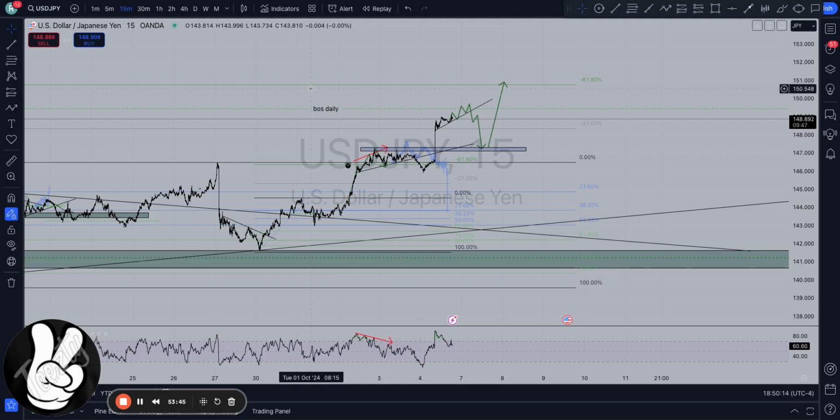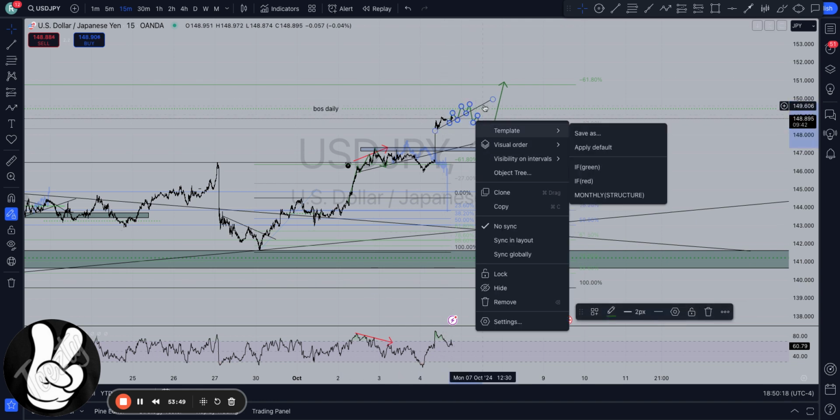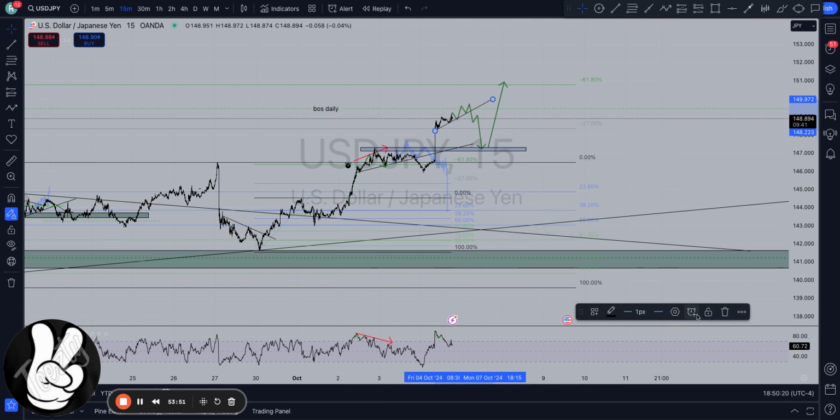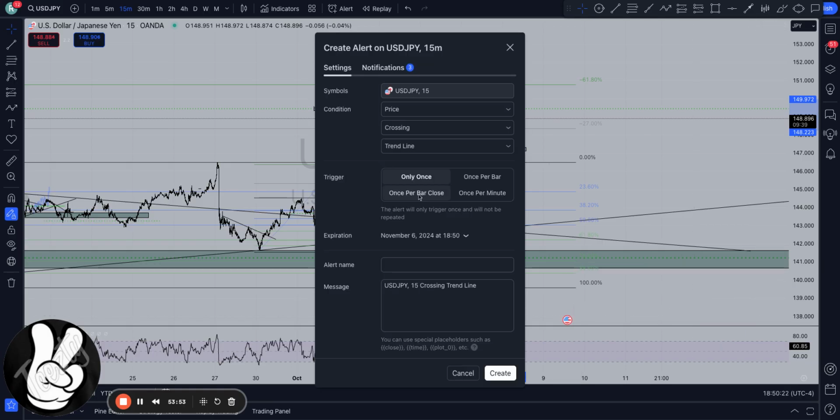Yeah, that's it. That's all I have. So I have an alert right here saying watch price under this trend line. And then once I have a break of structure, then I can draw my fib, and then I can see where price takes me.